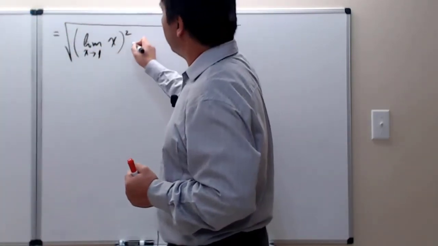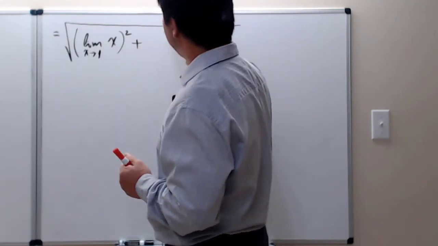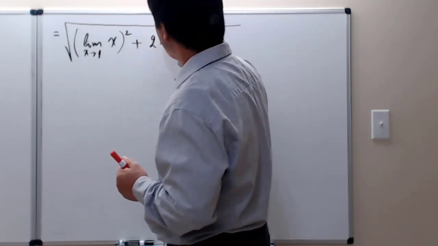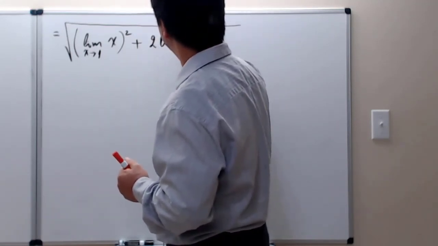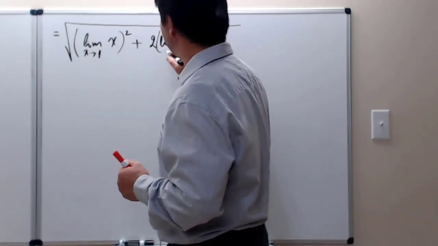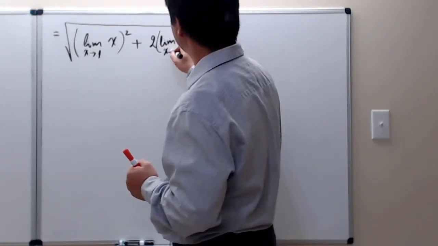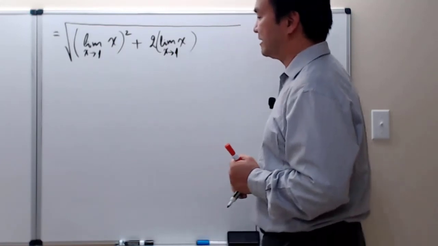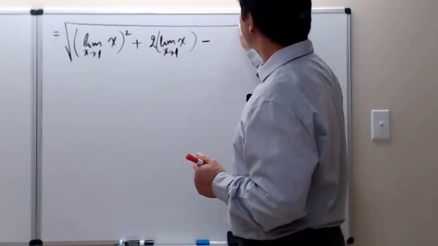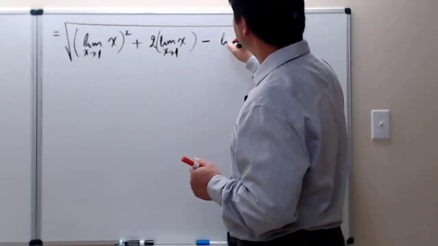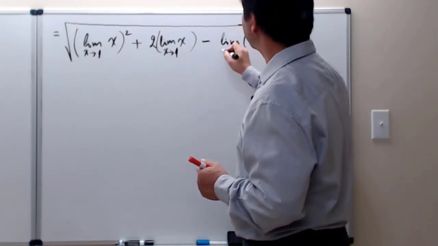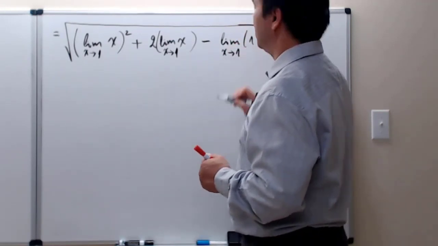And plus, now I'm going to look at 2 times the limit of x. And this is according to the constant multiple law right here. And now I'm going to subtract. And here I'm looking at the limit of a constant function, which is easily known.